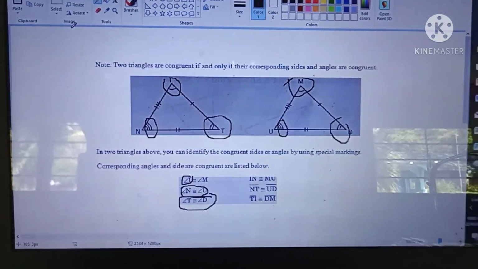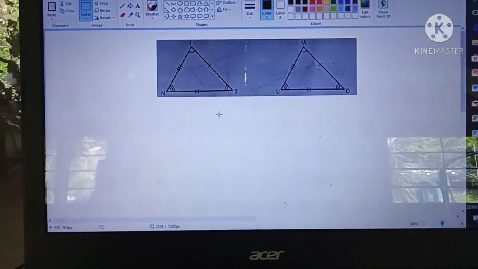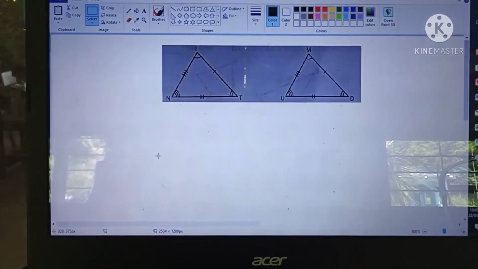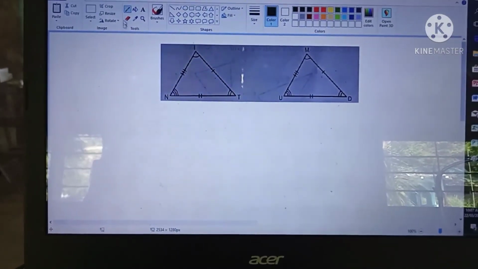Okay. Now using these two triangles, let's try and name the corresponding angles and corresponding sides of this triangle.